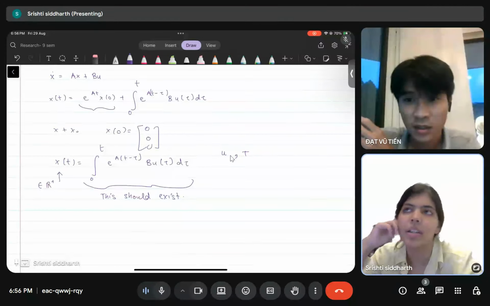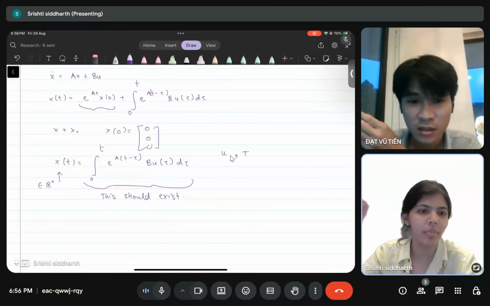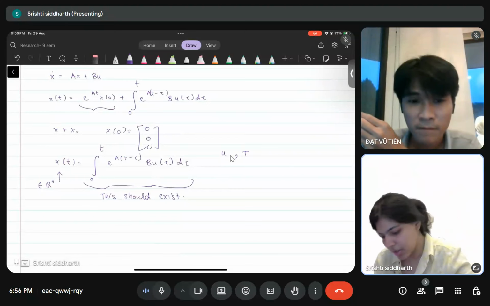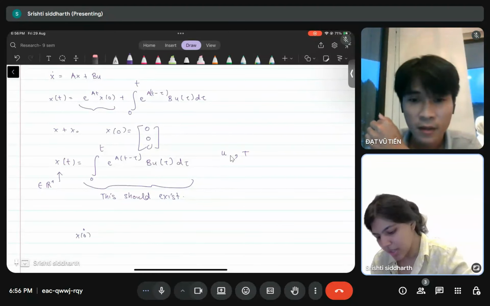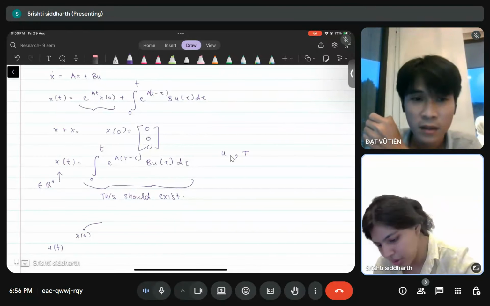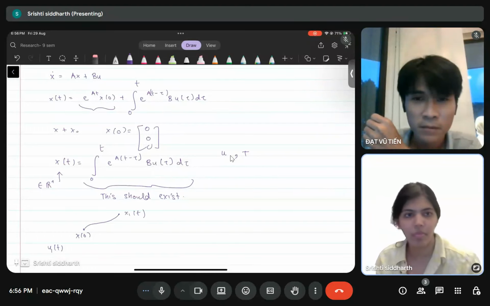Yes. So what it means is that you fix some state that you want to reach here, and then you find out what input you should apply. So you start from x0. It goes both ways. So it means that if you have u1 of t, you start from x0, you reach some x1 of t.